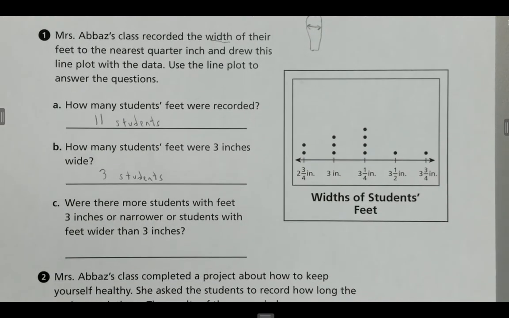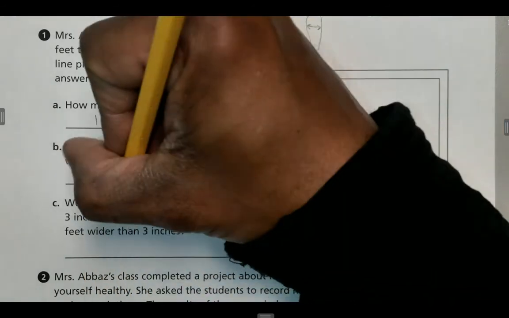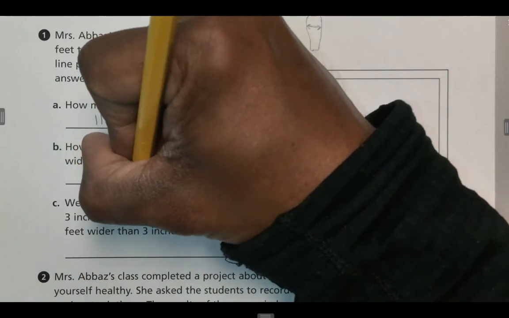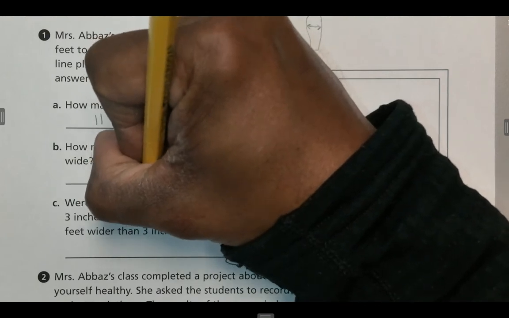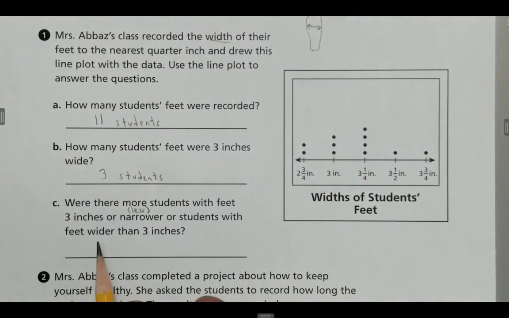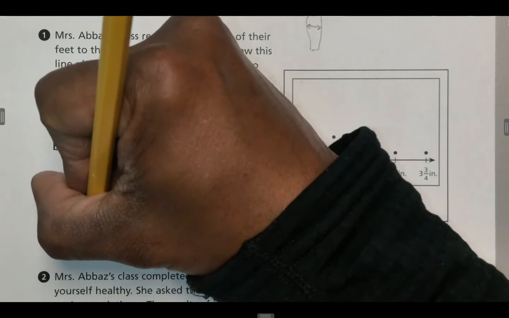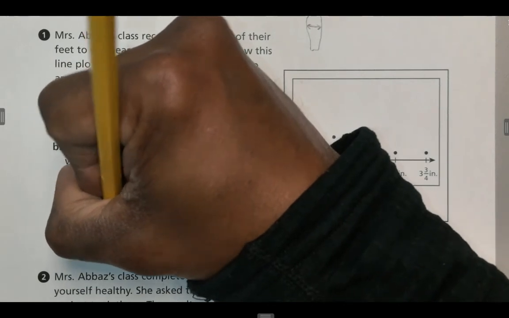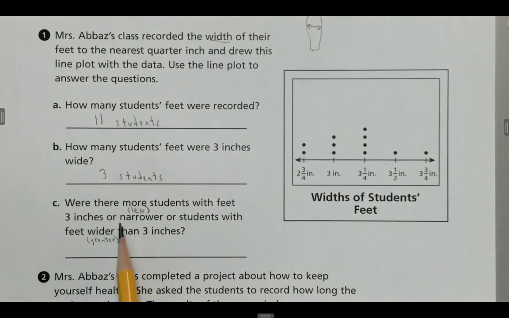1C, were there more students with feet 3 inches or narrower? And so in place of the word narrower, you can think less than. Or students with feet wider, you can think greater than 3 inches. Were there more students with feet 3 inches or less, or students with feet greater than 3 inches?